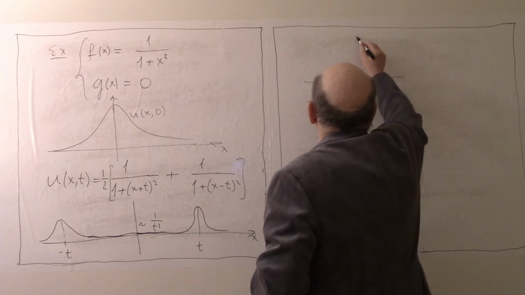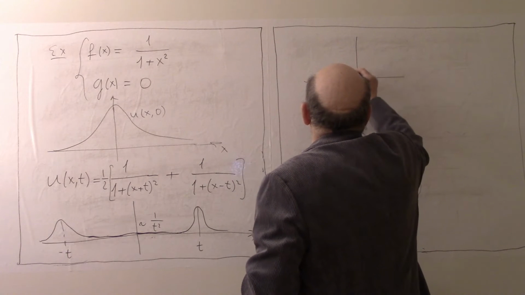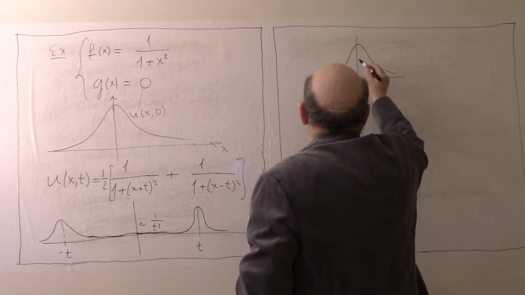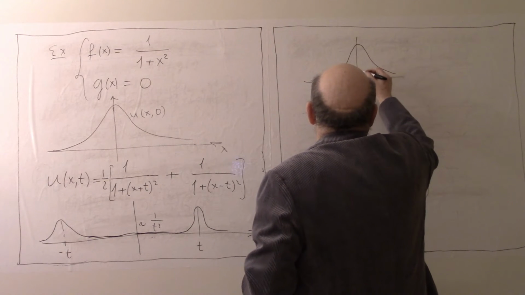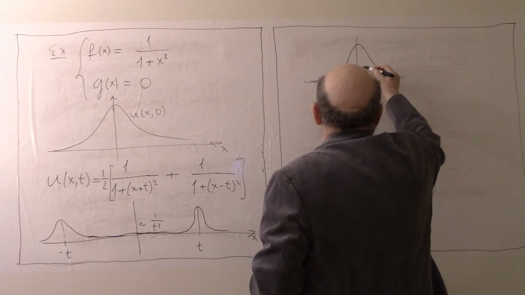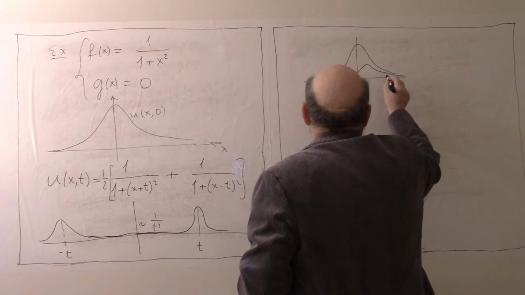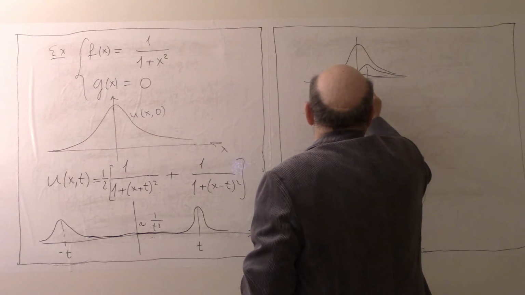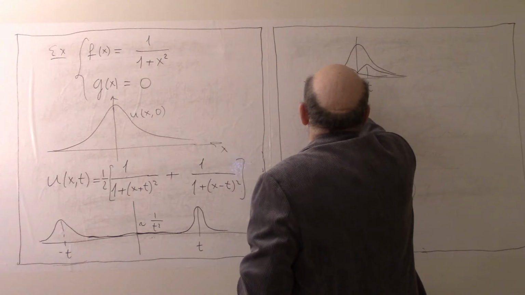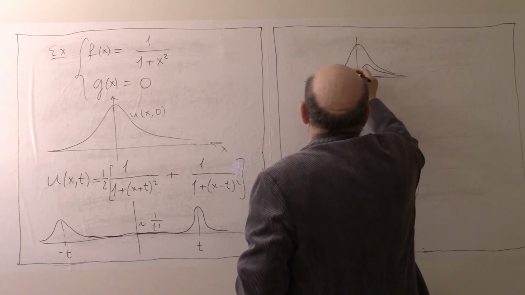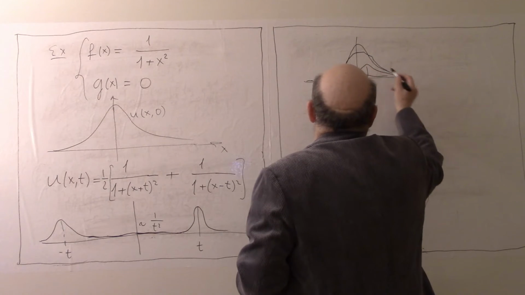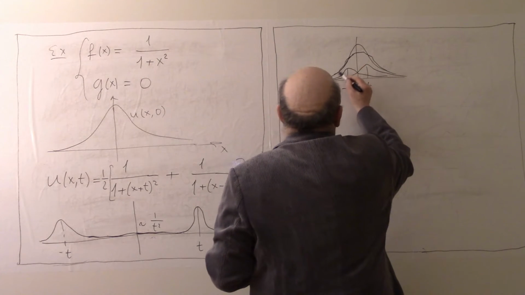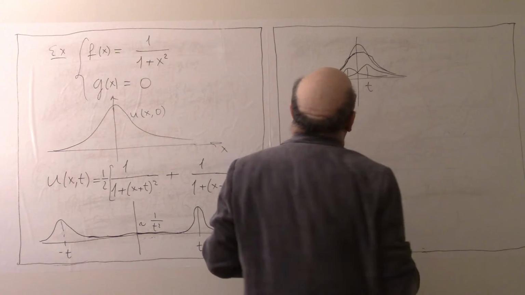When t is small, we have this initial bump, and now we have two bumps of half of this height. One is a little bit displaced to the right, and the other is a little bit displaced to the left. This is t, this is minus t, and the sum will be close to this here, and here it will be like this. So it will be a little bit swelled, but the height will be smaller.